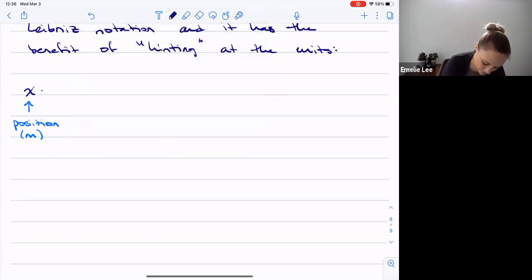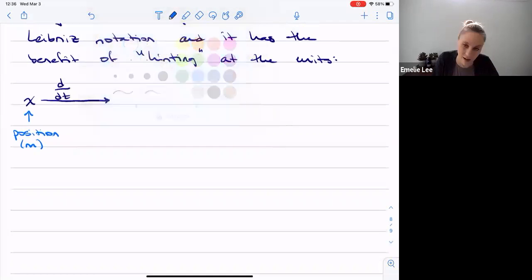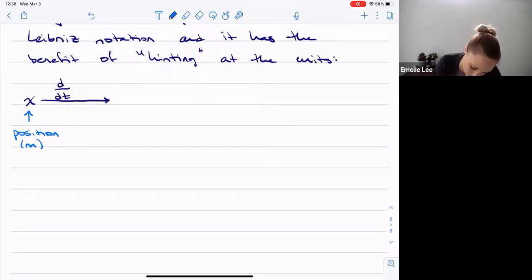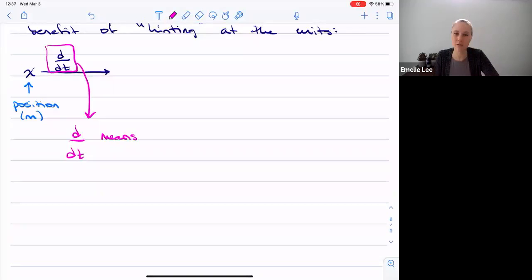So now, if I differentiate with respect to t, d dt means differentiate with respect to t.